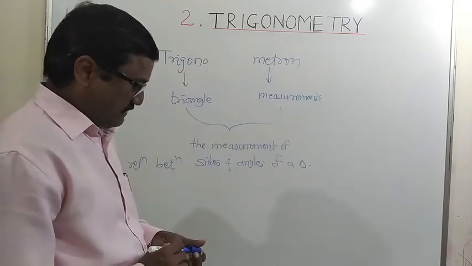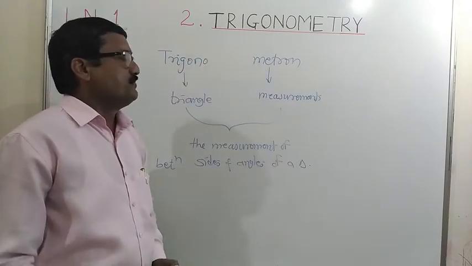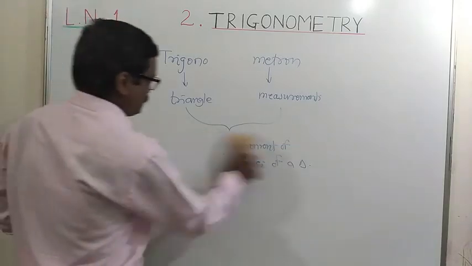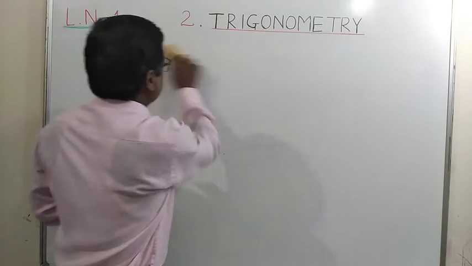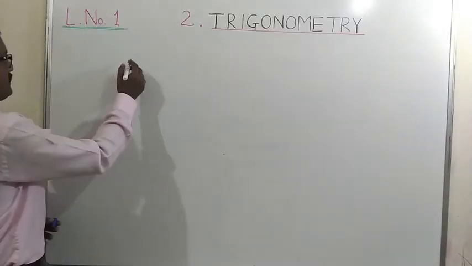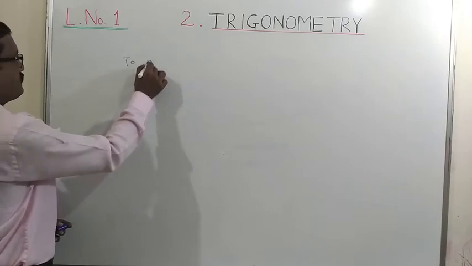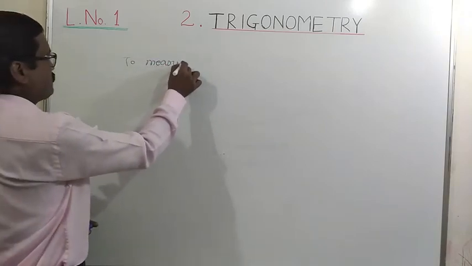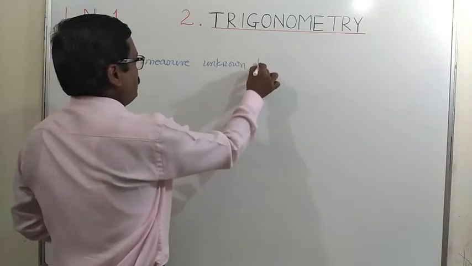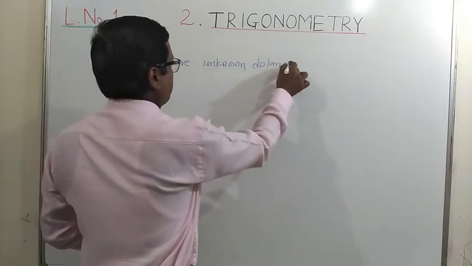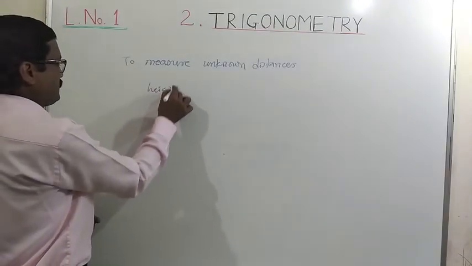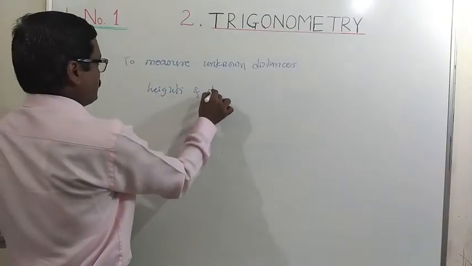Now, this trigonometry is very much useful in all the branches of science. It is used to measure unknown distances, for example, heights and distances.